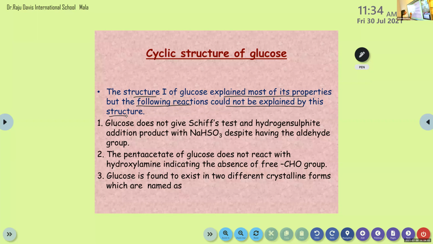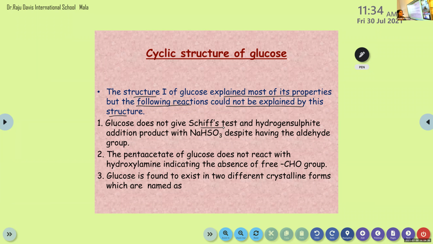First one, glucose does not give Schiff's test and hydrogen sulfate addition product with sodium hydrogen sulfate despite having the aldehyde group. Even though the aldehyde group is present in this glucose molecule, they do not give Schiff's test and hydrogen sulfate addition product with sodium hydrogen sulfate.